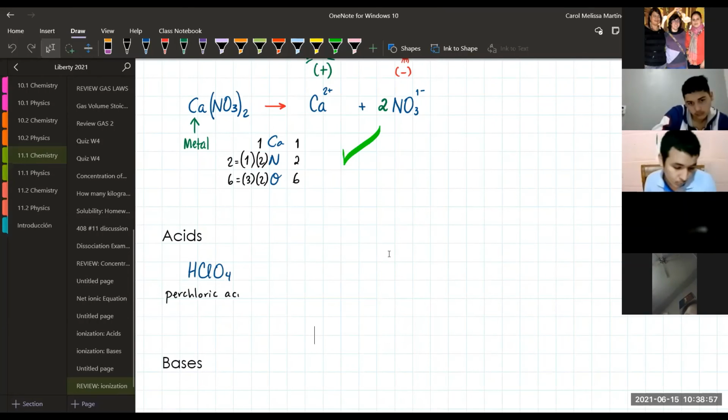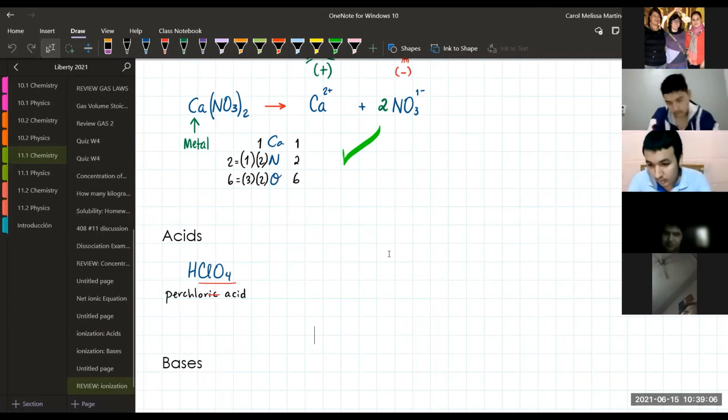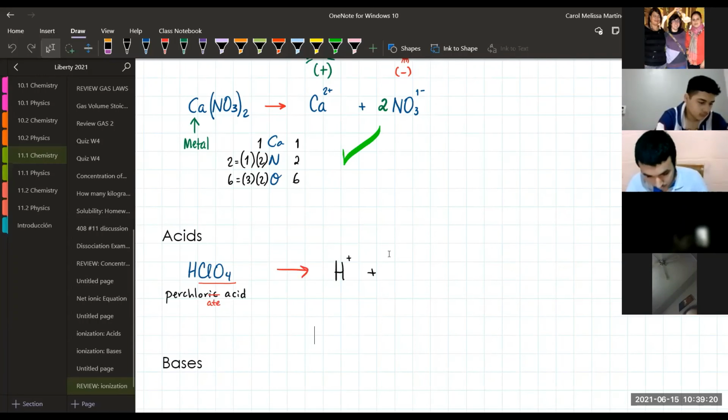So I have the ion perchlorate, okay? Remember, we work backwards from the name by using the second mnemonics. So we're talking about an acid that is made of always H plus ions and the polyatomic ion that in this case is perchlorate. Perchlorate is an ion that is written as ClO4 and has a charge of -1.